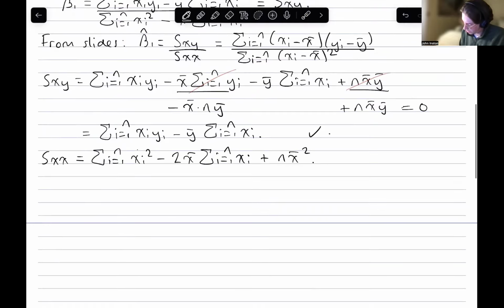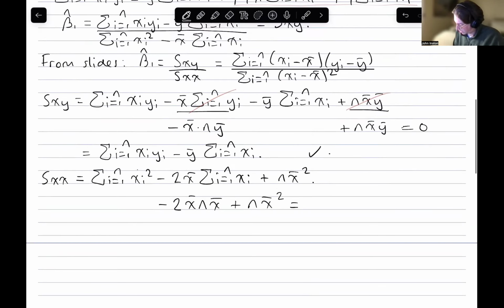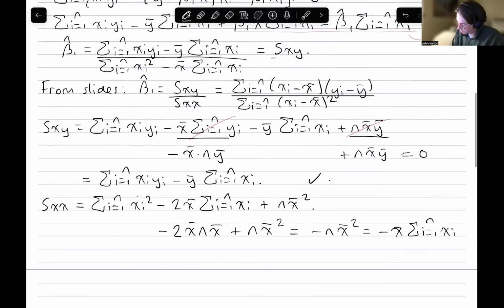We can see here that this is going to be equal to minus 2 x bar n x bar plus n x bar squared. So these two together equal minus x bar n x bar minus n x bar squared, which is equal to minus x bar times the sum of xi, as we needed. So then this is equal to Sxx.